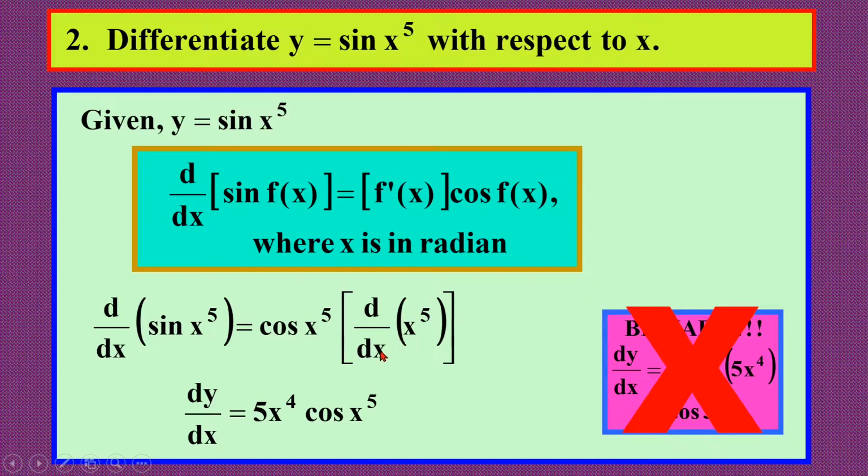So I always suggest that after you differentiate, it is best you put it in front. But if you put it behind, then you just need to move it back in front just in case you make this type of mistake.